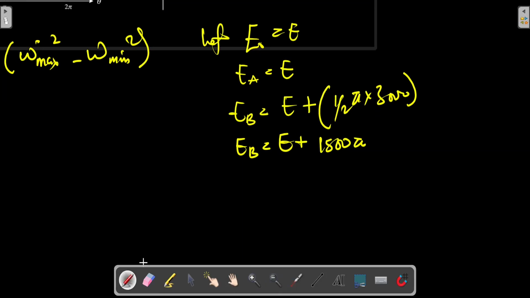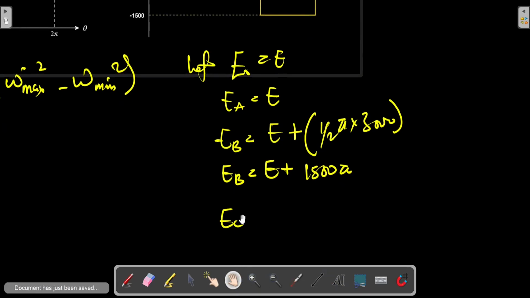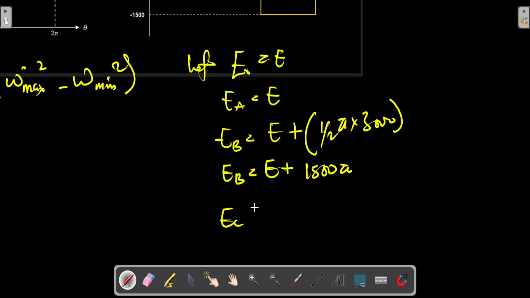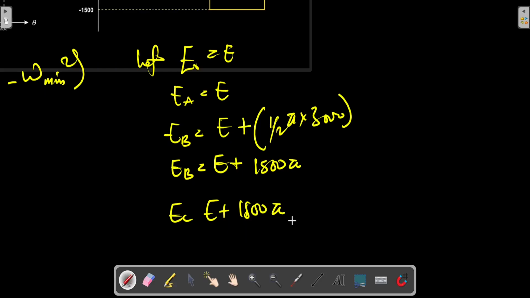Now what will be the energy at C? This particular energy fluctuation is a negative energy fluctuation. That is the energy at B minus this particular area, the energy used by the engine to work against the external load. So it will be the energy at B, which is E plus 1500 pi, minus that area.